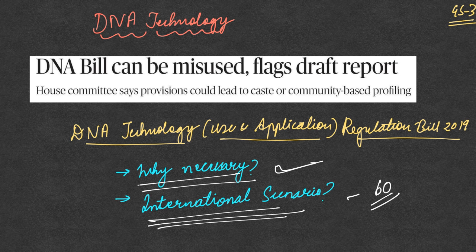Even in India, this particular legislation on DNA technology has been in the draft stage for over 15 years now. Alright, so now let us see what are the issues related to the bill.